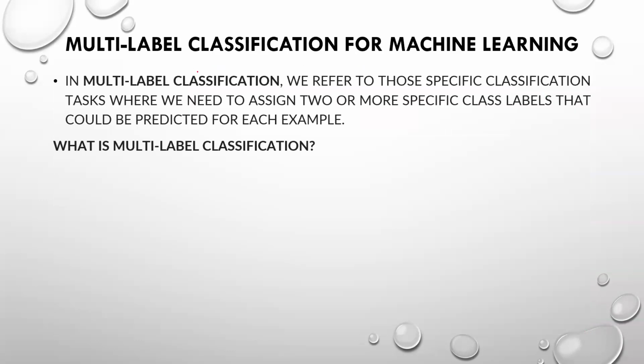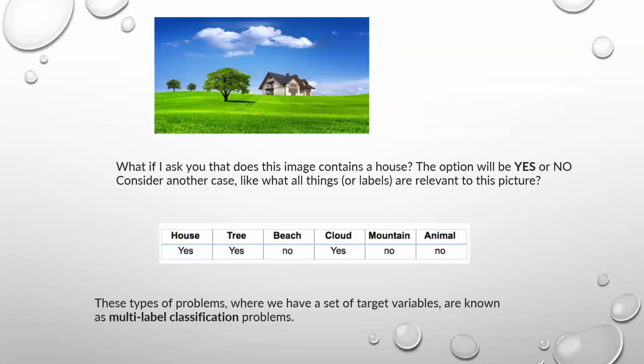Then multi-label classification. Till now we discussed binary and multi-class. Here we are discussing the multi-label. So what is multi-label classification? Let me explain with one example. Suppose you see this picture. What if I ask you whether this image contains a house? The simple answer you'll give is yes or no. But consider another case where I ask what all the things, that is, the labels, are relevant to this picture.